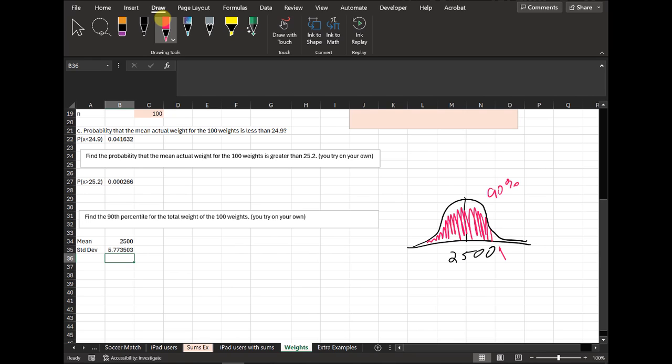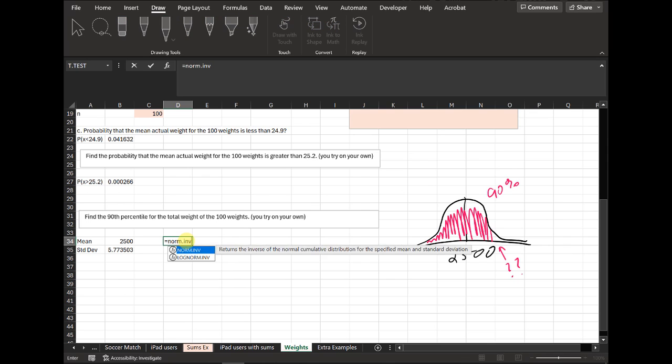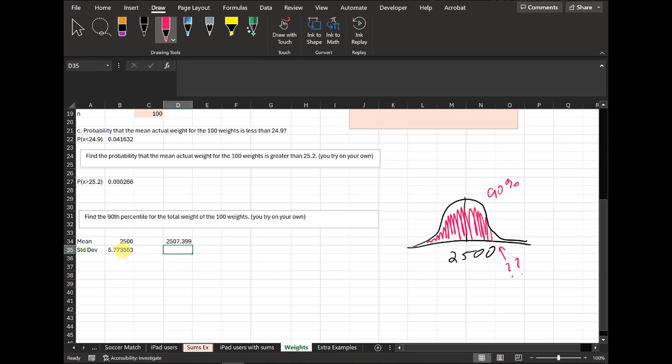I want to figure out what this point here is. To do that, I can use my norm.inverse function. I have my 90th percentile, but I'm going to use this mean and this standard deviation, and so then I get 2507.399, and you can round that appropriately. And so that's it for that.